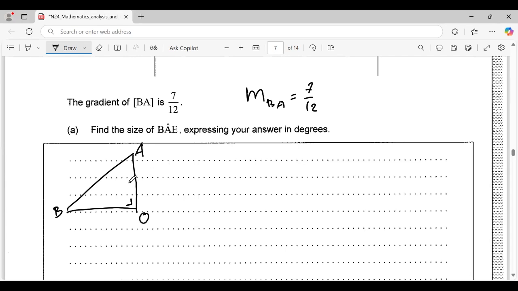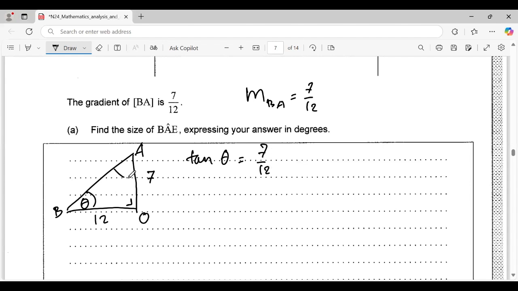So gradient is tangent, so if this is theta here, it means 7 here, 12 here. Because tangent theta equals vertical change over horizontal change, or delta y over delta x, 7 over 12.